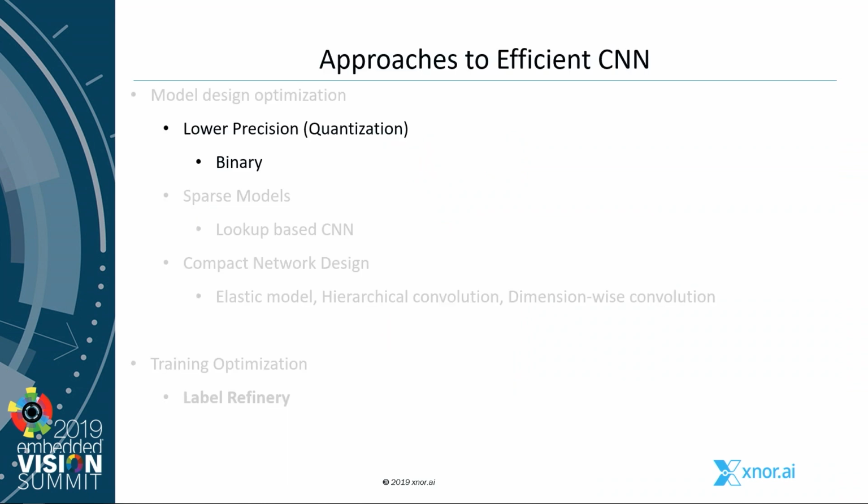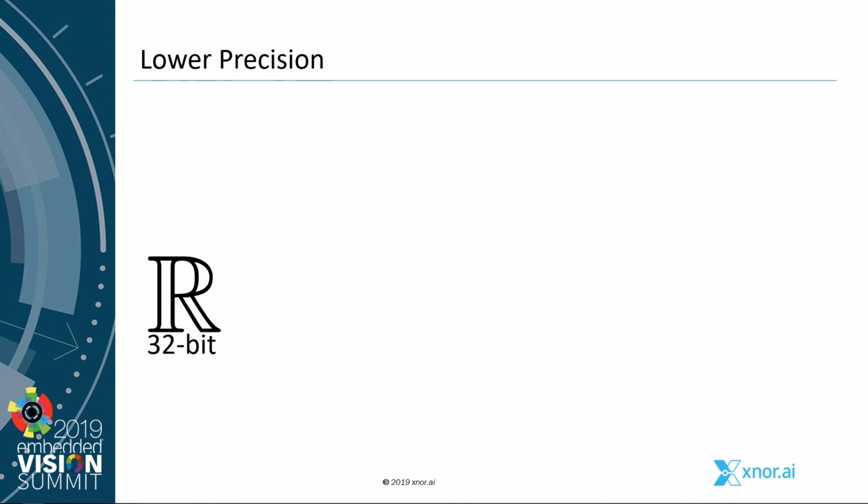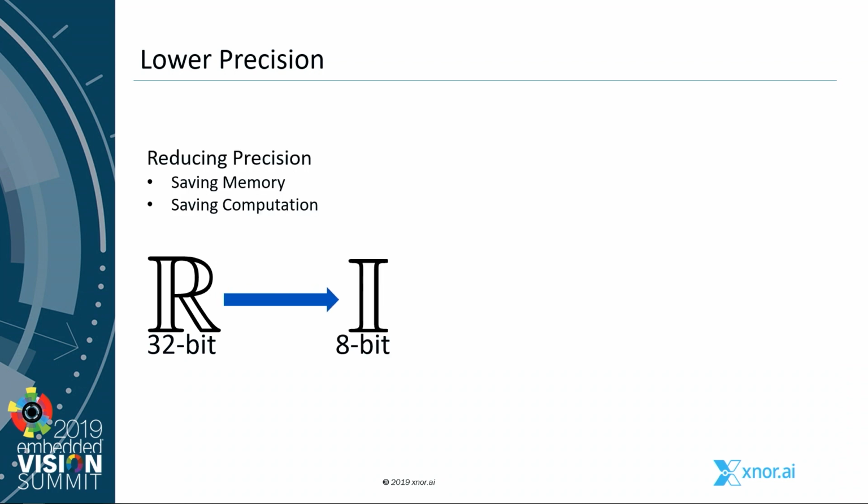So the first approach to build a more efficient convolutional neural network exploits the fact that the tensors between these convolutional operations are real-value tensors, which are normally represented with 32 bits. We can reduce the precision of these data structures to save memory and computation.